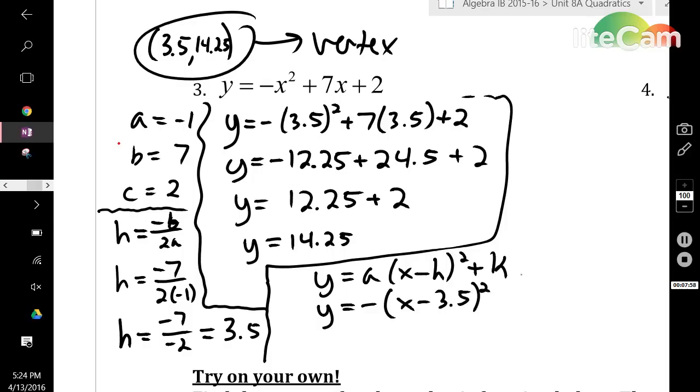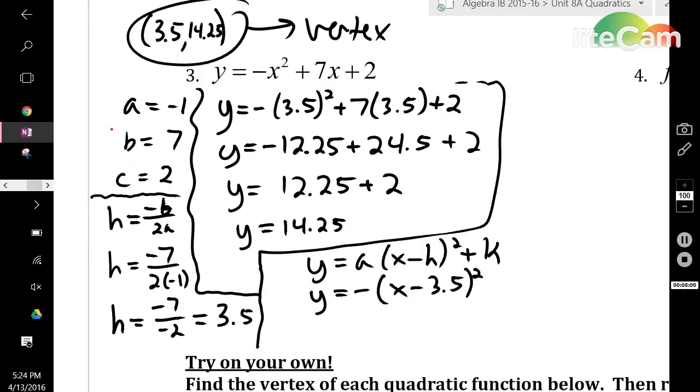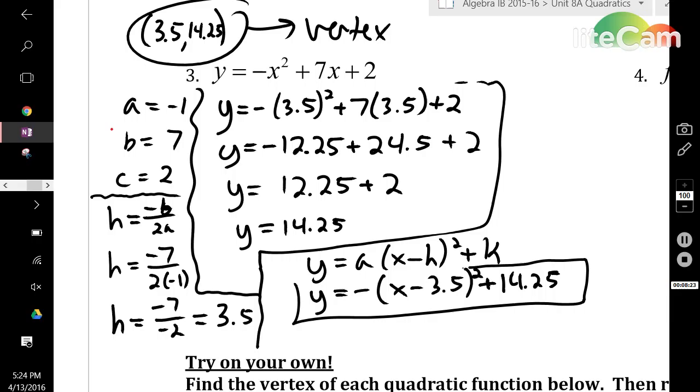Again, if that were a negative 3.5, I would have preferred you to write x minus negative 3.5 and then x plus 3.5 the next line down. This one's a positive 3.5, so we're going to leave it as minus. And then plus k, plus 14.25. And since we rewrote the a value as just a negative sign instead of a negative 1, this can be our final answer. There's nothing to simplify from here.